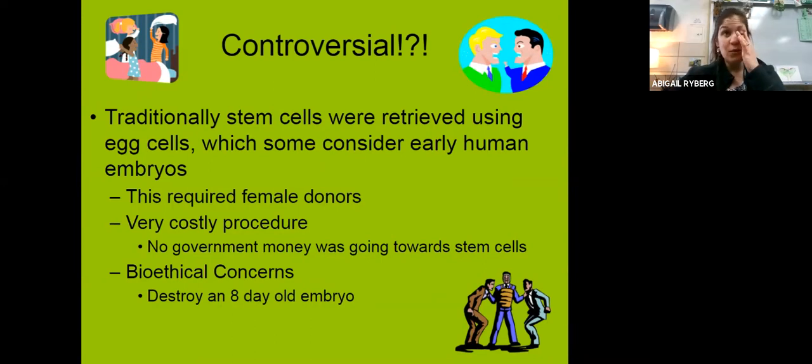For that reason, stem cell research has been pretty slow in progression, because up until recently, research agencies wouldn't get any government funding because it was so controversial. But nowadays, now that we understand how to take a clump of cells and reverse the differentiation, it's kind of lost its controversial issues.